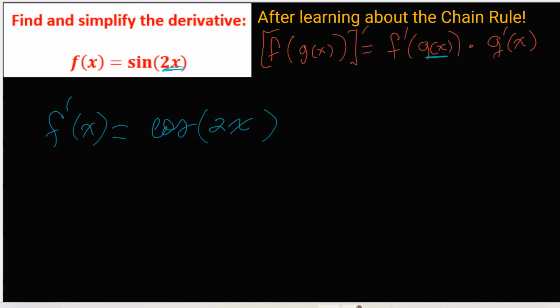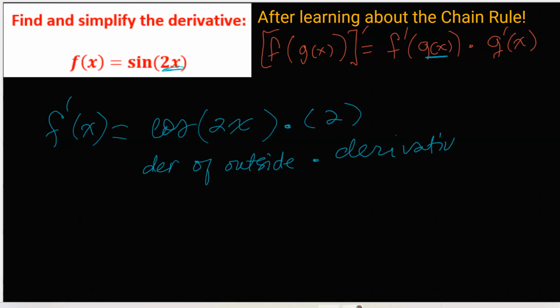So leave that the same, multiply by the derivative of the inside. And the derivative of the inside is the derivative of 2x, which is 2. So that is the logistics of the chain rule.